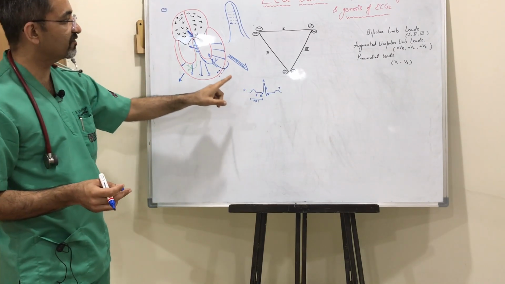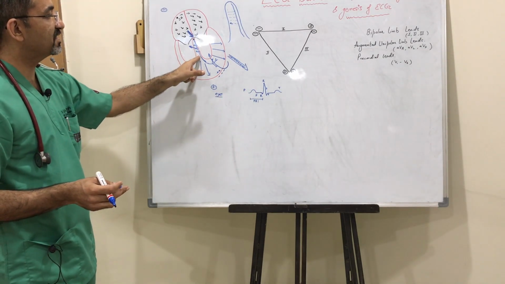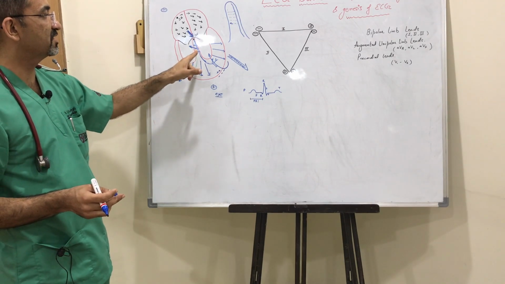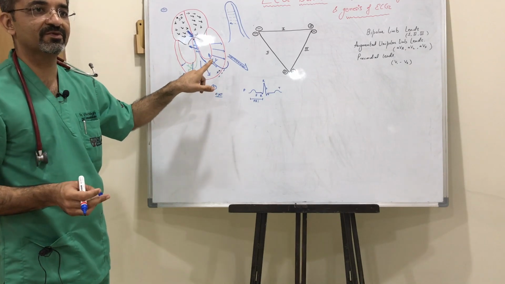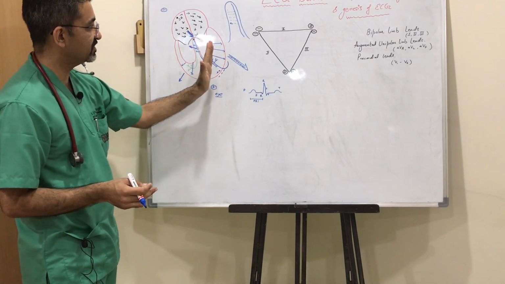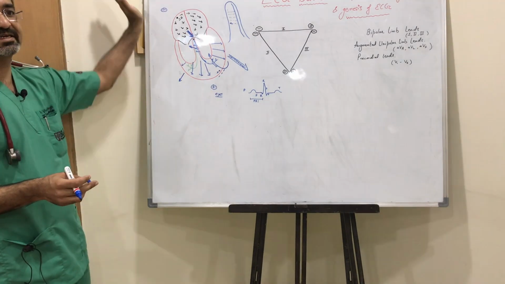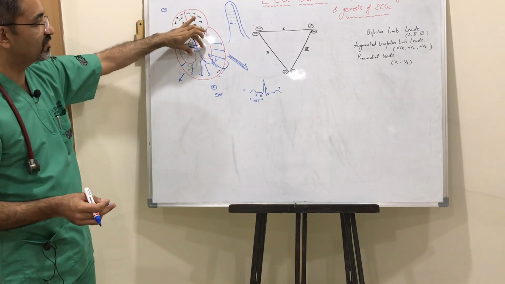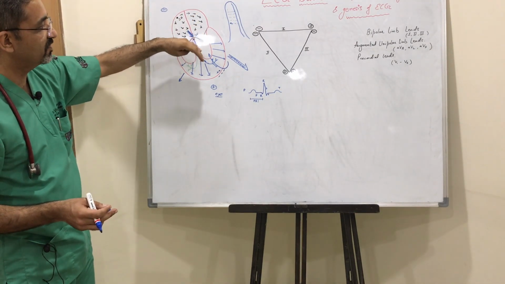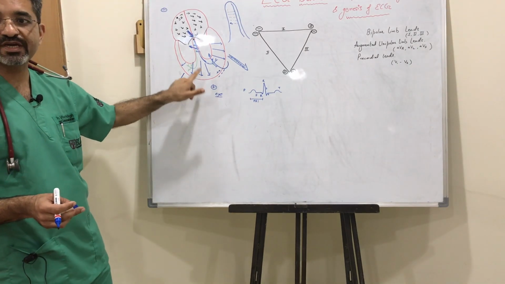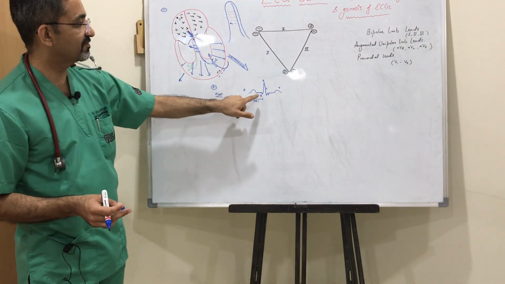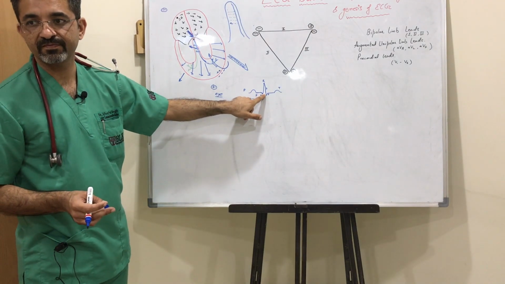Then you have a Q wave, because the septum is being depolarized not by the right bundle but by the left bundle. So the movement of net charge will be from left towards right and slightly up. Whenever the positive charge moves from left to right and slightly up, this eye will see the positive charge going away from him. So it will give rise to Q wave.